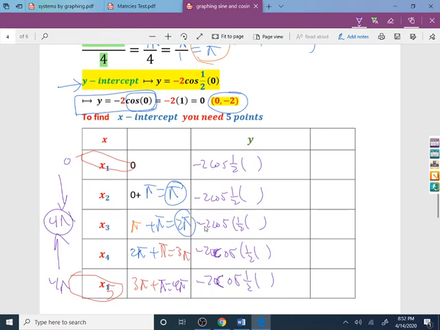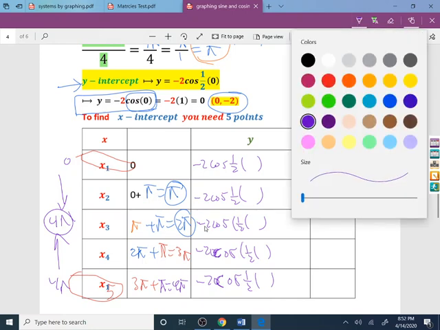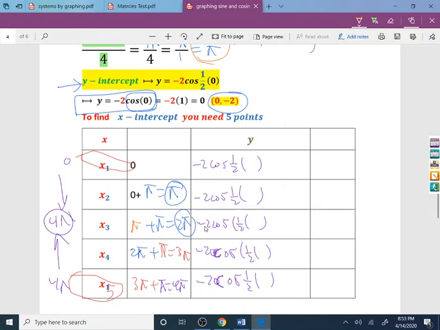Half what here? Oh, that's a lot easier. Here 0, here pi, here 2 pi, here 3 pi, and here 4 pi. Look, cosine of half times 0 is cosine 0, which is 1, equal to negative 2.